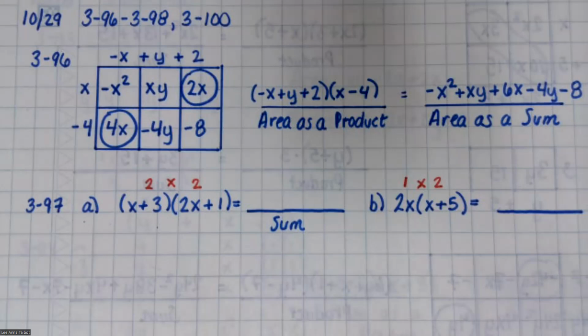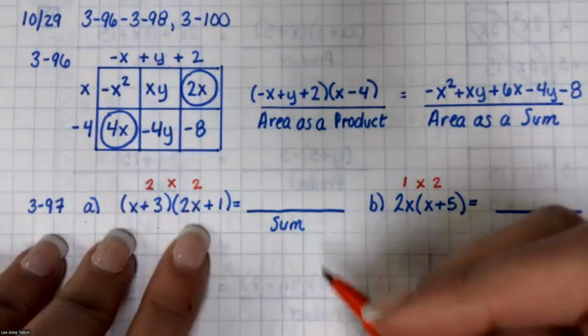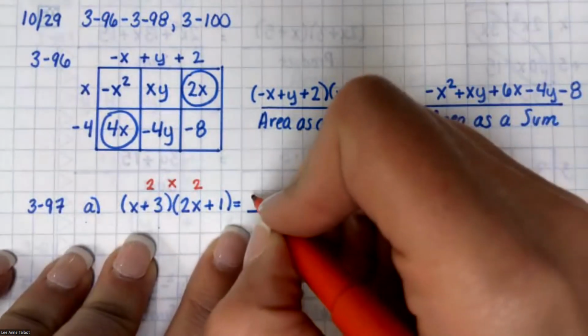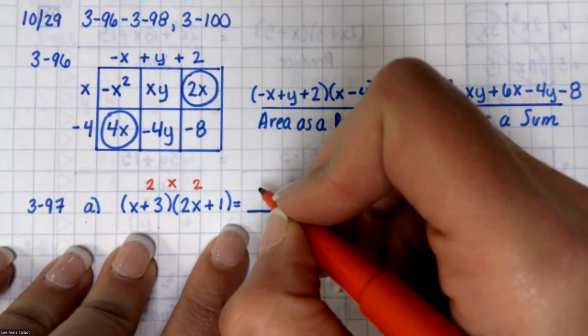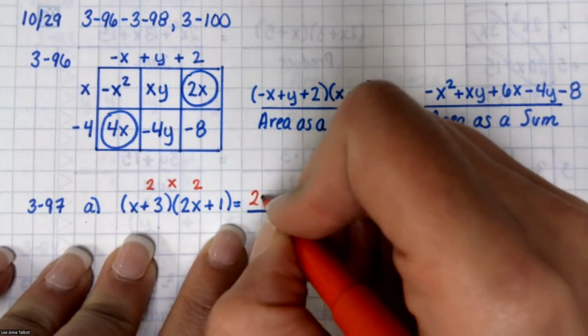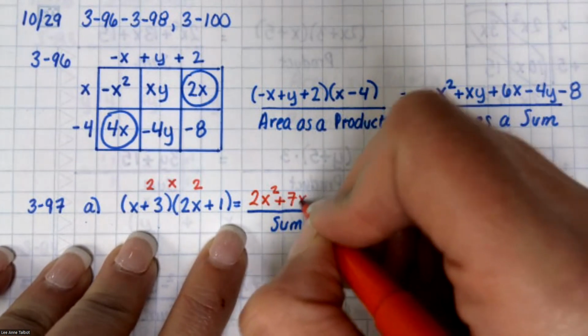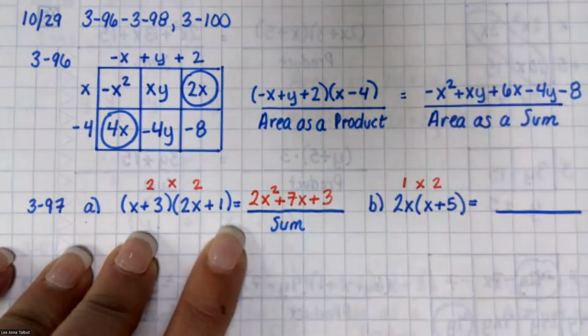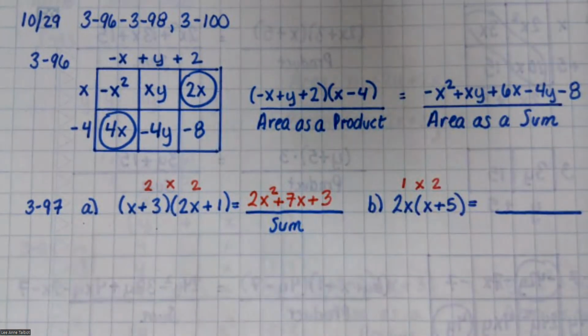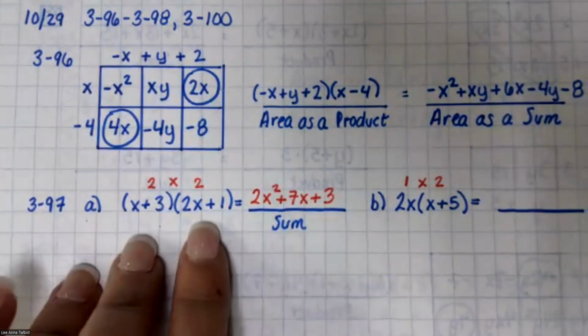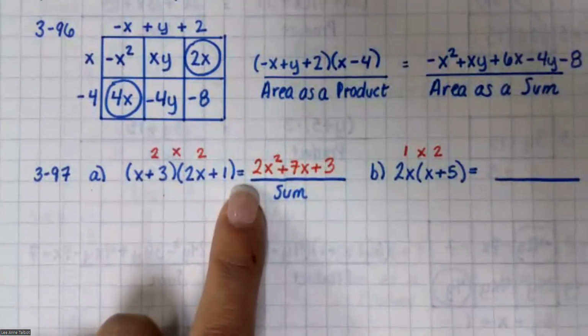All right, guys, let's go over the answers. Okay, so guys, final answer for this 2x squared plus 7x plus 3. Please stop talking. Does anyone need me to go over where I got 2x squared plus 7x plus 3?